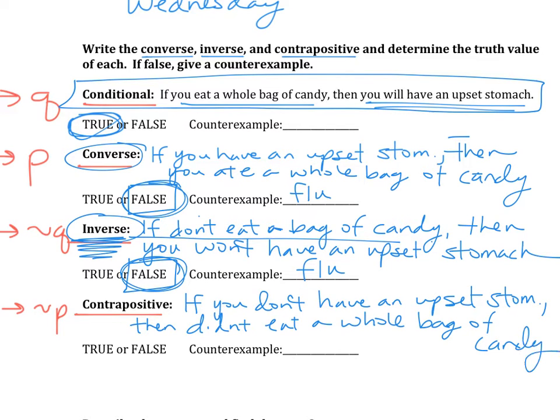Okay, and I would say that one is true. If you don't have an upset stomach, chances are you haven't eaten a whole bag of candy recently. Because if you ate a whole bag of candy, you would get an upset stomach. So that would be a true statement. And again, notice the contrapositive and the original conditional, those are both true. So contrapositive and conditional will always have the same truth value. Converse and inverse will always have the same truth value. Okay, and if it's true, you don't need a counterexample.